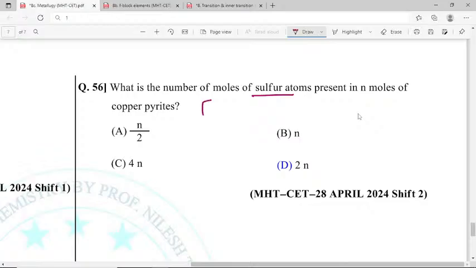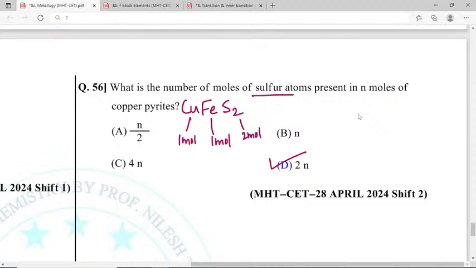Copper pyrite has a formula CuFeS2, so 1 mole copper, 1 mole iron, and 2 mole sulfur atoms. Are you getting this one?